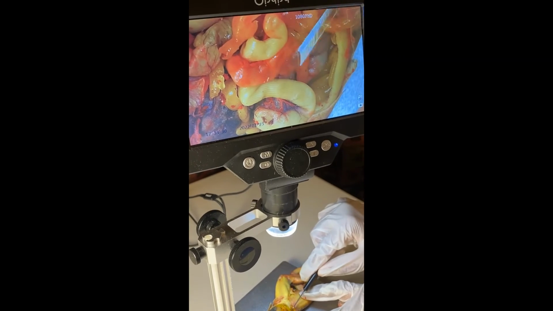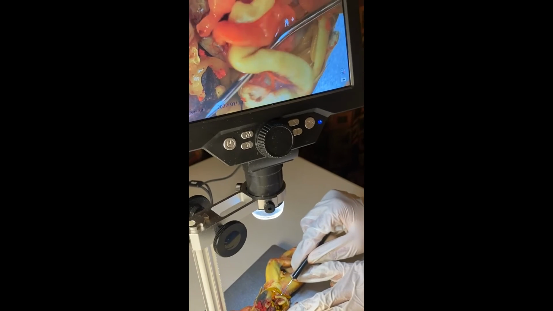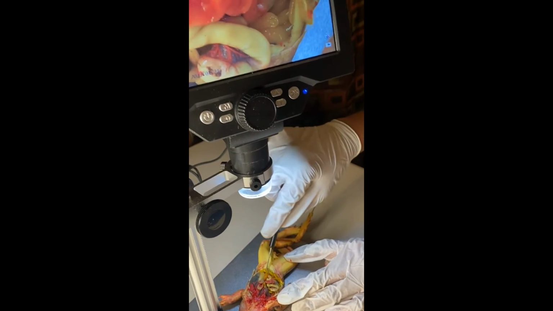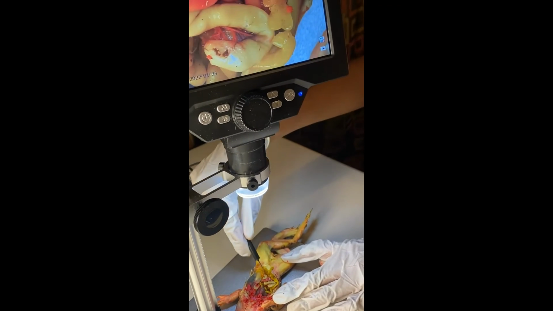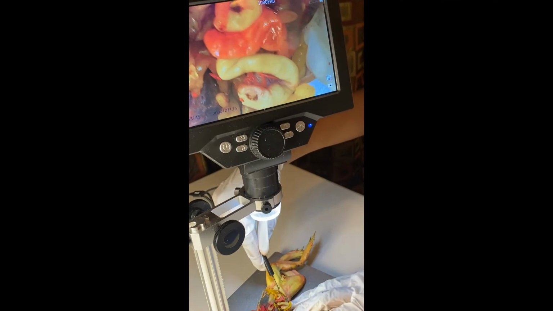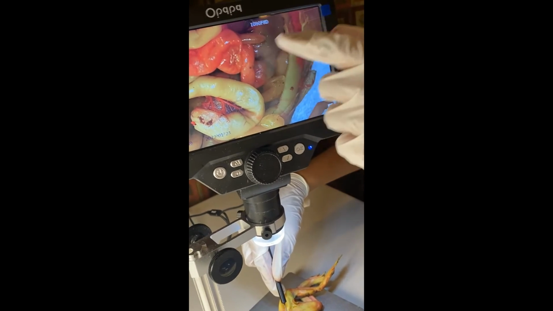So over here is the small intestine, and over here on the bottom is the large intestine, covered by the fat bodies right here. The structure over here, this would be the large intestine.